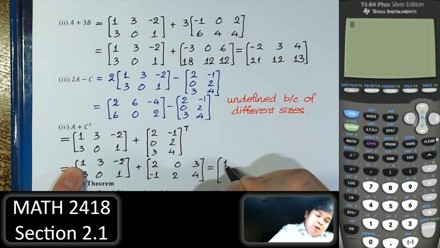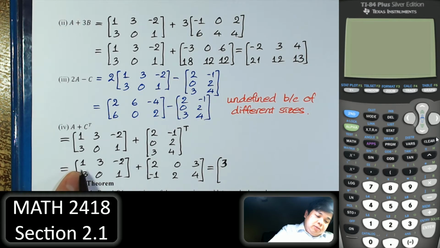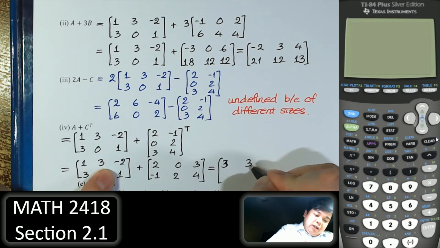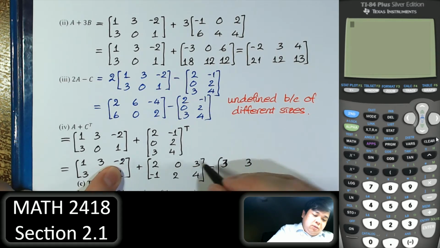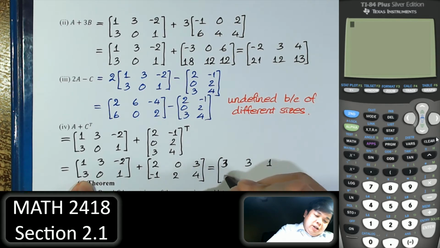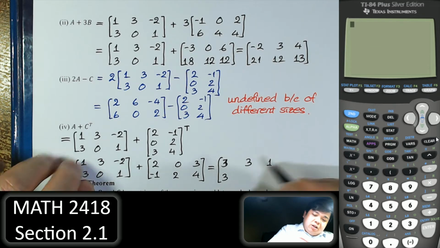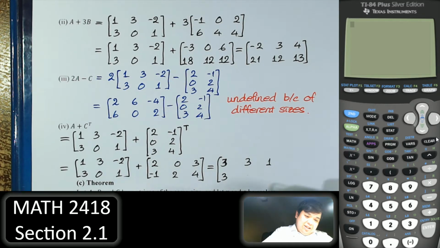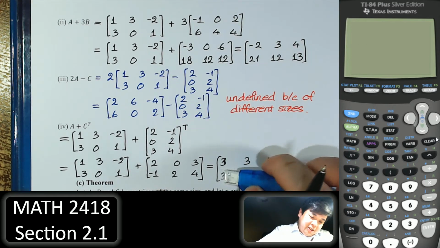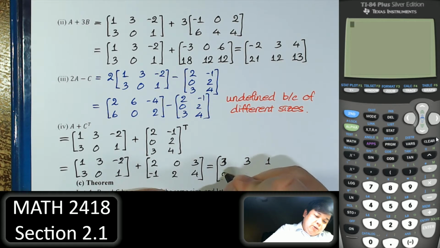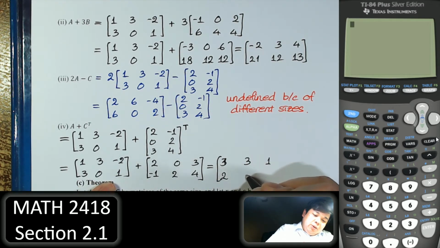So it will be 3, 3, 1, 3, I'm sorry, 2, 2, and 5.